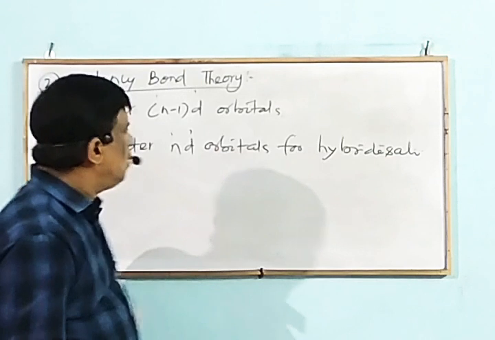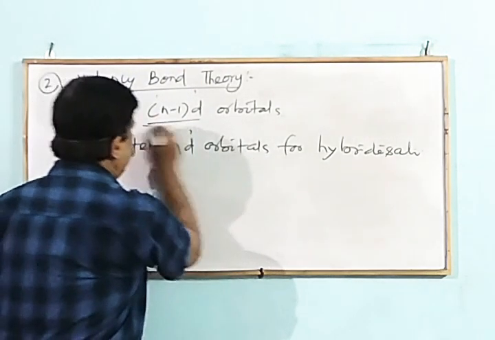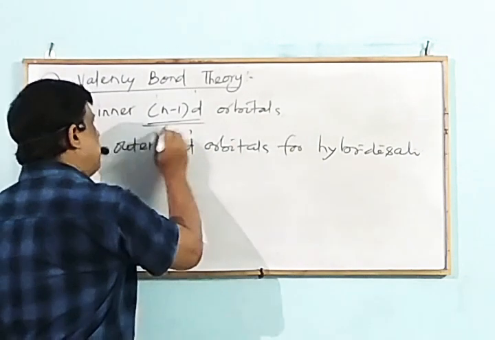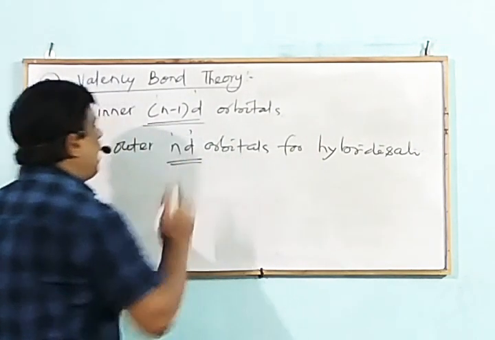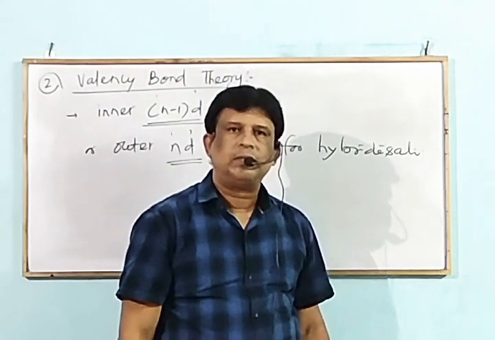I repeat again. For hybridization, the central metal atom may use the inner orbital, that is the (n-1)d orbital, or the outer orbital, that is known as the nd orbitals.